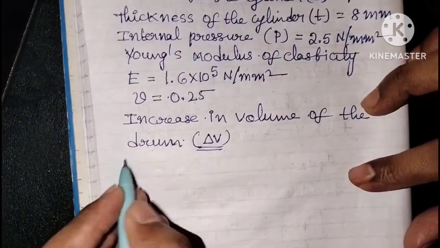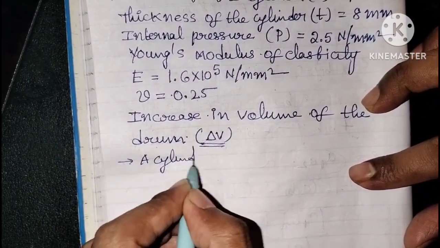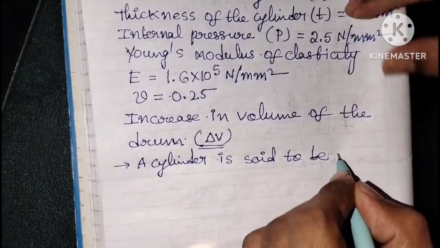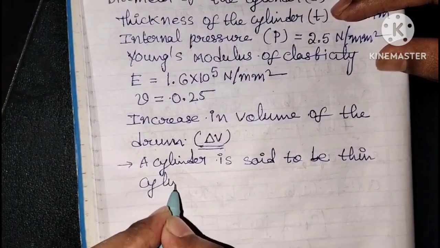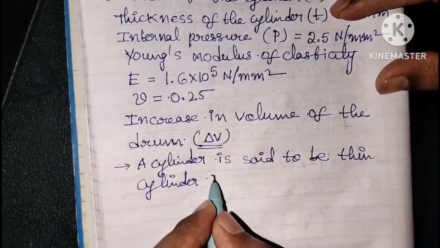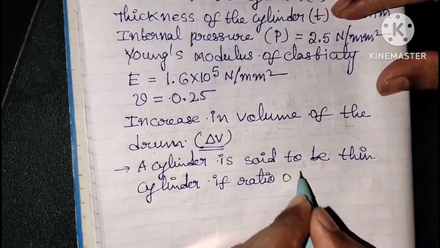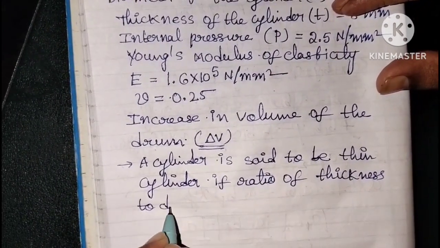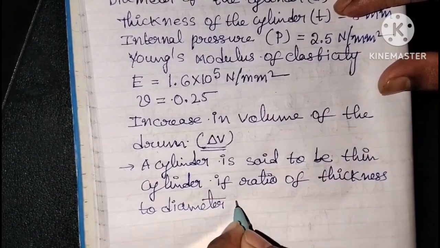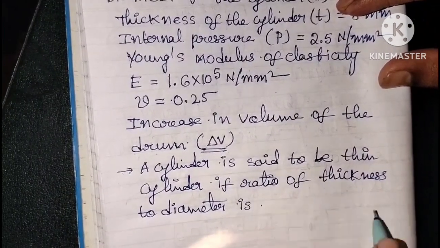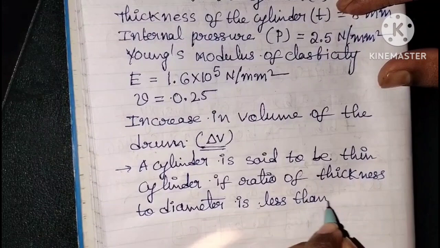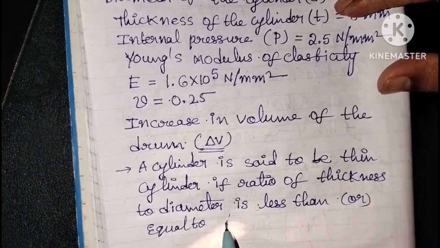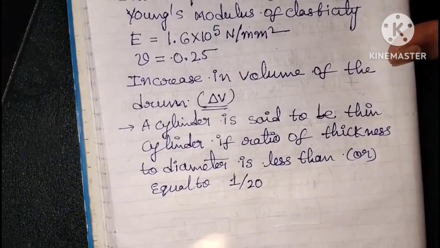So how do we know? We know that a cylinder is said to be a thin cylinder if the ratio of thickness to diameter is less than or equal to 1/20.